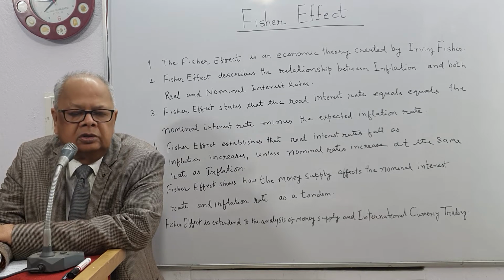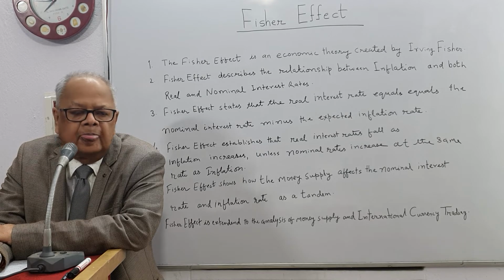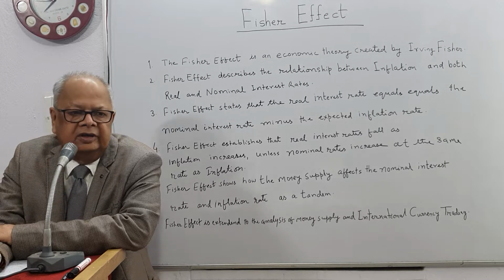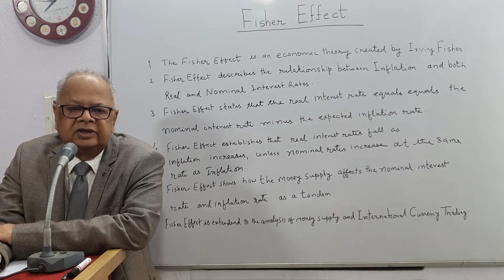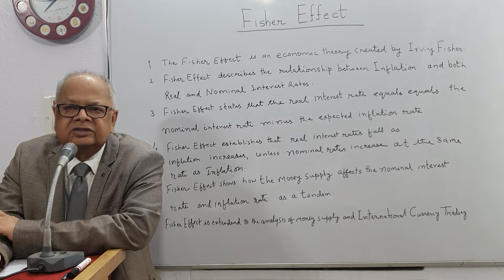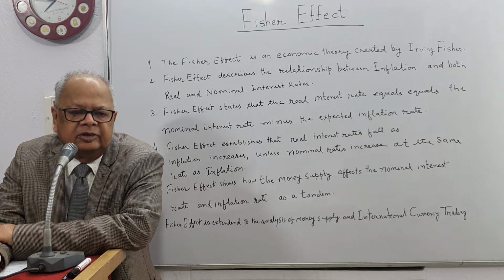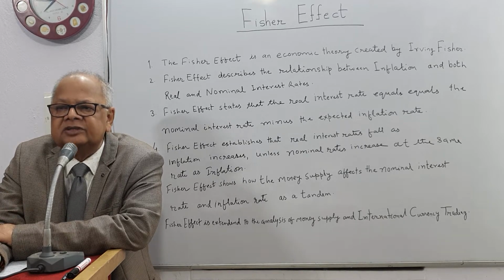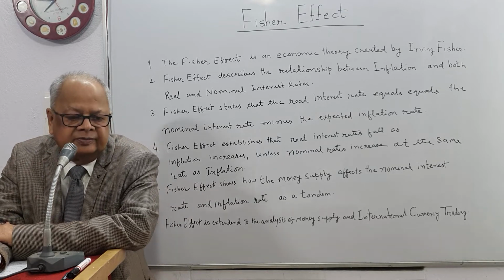In his book published in 1936, The General Theory of Employment, Interest and Money, this direct and proportional relationship between supply of money and general price level was challenged by Keynes.